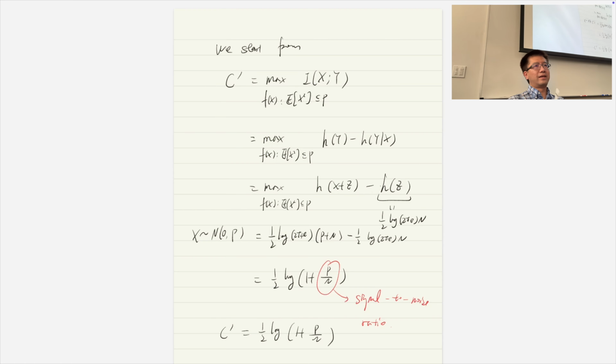So why can x not be Gaussian? Because the range of a Gaussian is from negative infinity to plus infinity, so we cannot have infinite power. Here the constraint is average power, but in practice we always have to truncate, so we cannot get a Gaussian.